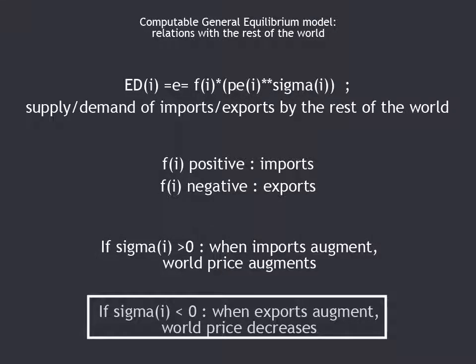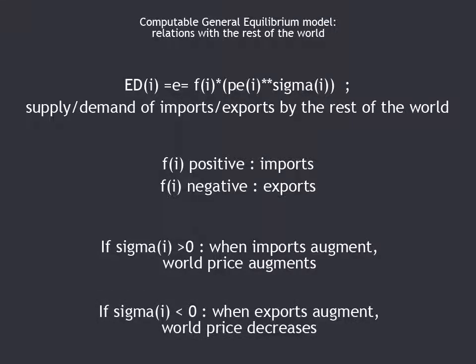On the contrary, if we have exports in sector i, it means that ED is negative and sigma is also negative. Why? Because when exports augment, the world price decreases. You have to understand that imports are a demand to the world markets and exports are a supply to the world markets. So when demand on the world market augments, the world price augments, and when supply on the world market augments, the world price decreases.